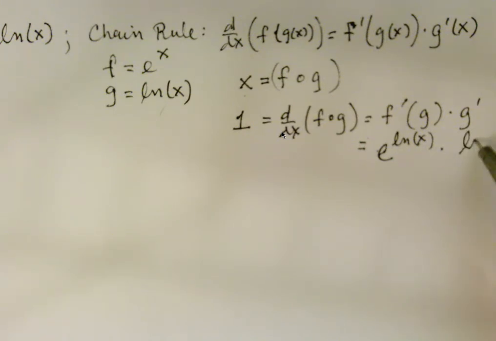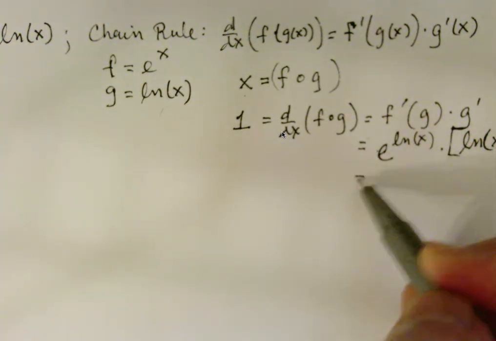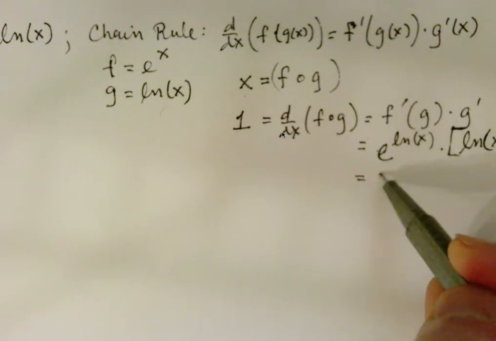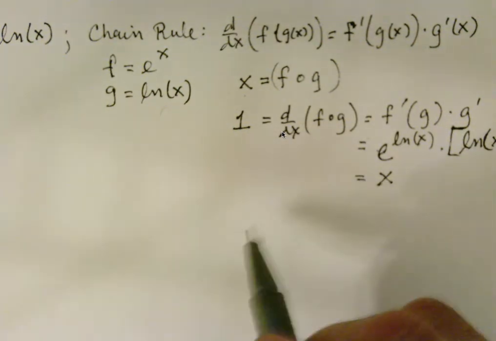So another way to write this is ln of x prime. This prime just means the derivative of this function. So what do we have? This is just x. This is what we want to know. So if we want this, we just divide 1 by x.